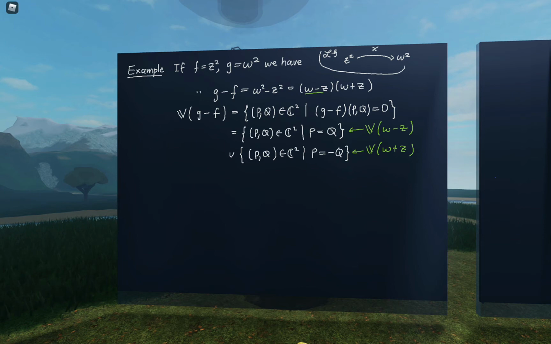So this vanishing locus looks like this. I'm going to call the first part x1 and the second part x2.